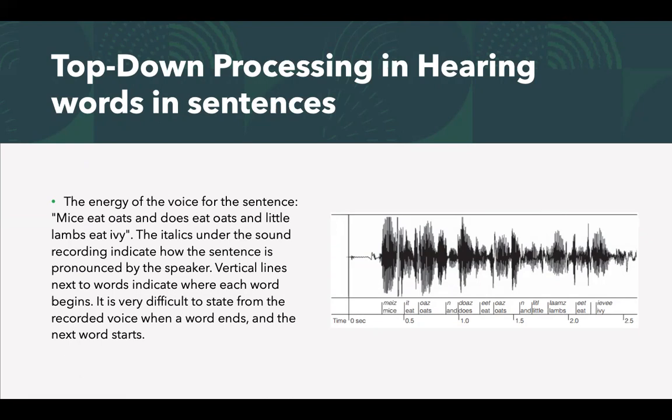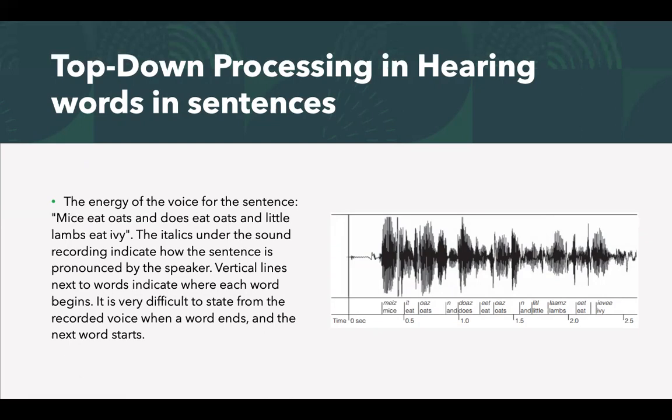The continuous sound signals enter the ears and trigger signals that are sent toward the speech area of the brain. So it is bottom-up processing. But then if a listener understands the language, their knowledge of the language creates the perception of individual words, which is top-down processing.